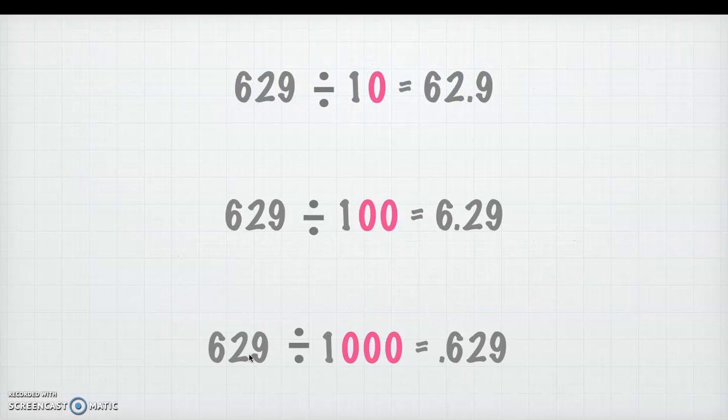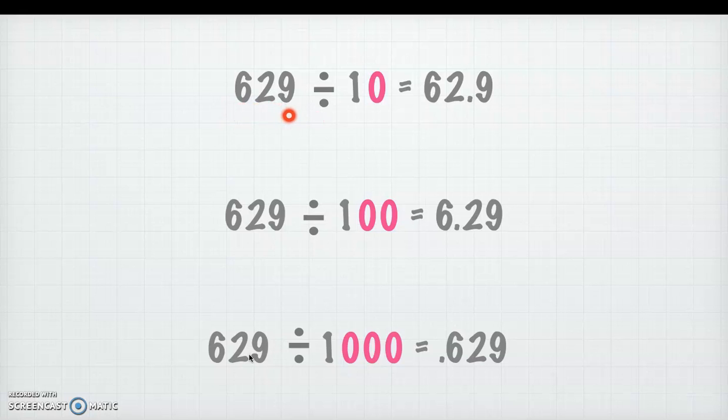I have 629 divided by 10. So this time I am dividing a whole number by a power of 10. 10 has how many zeros? 1, 0. So I am going to move my decimal point to the left one time. But you're going to tell me, I don't have a decimal point in the 629.